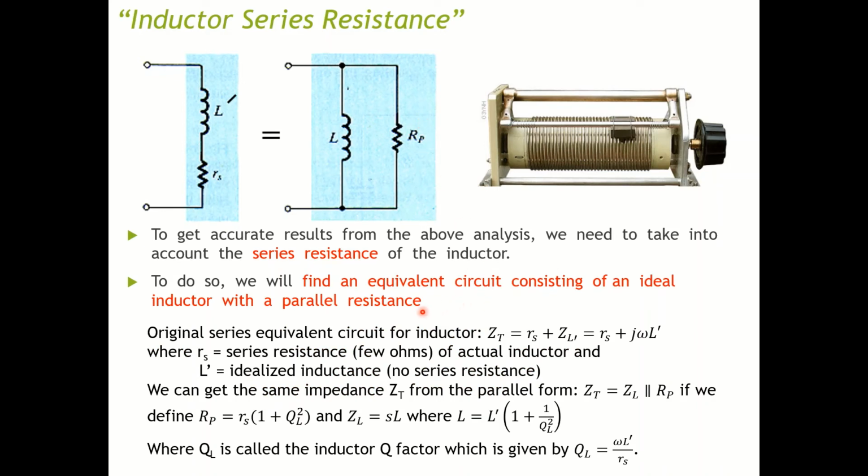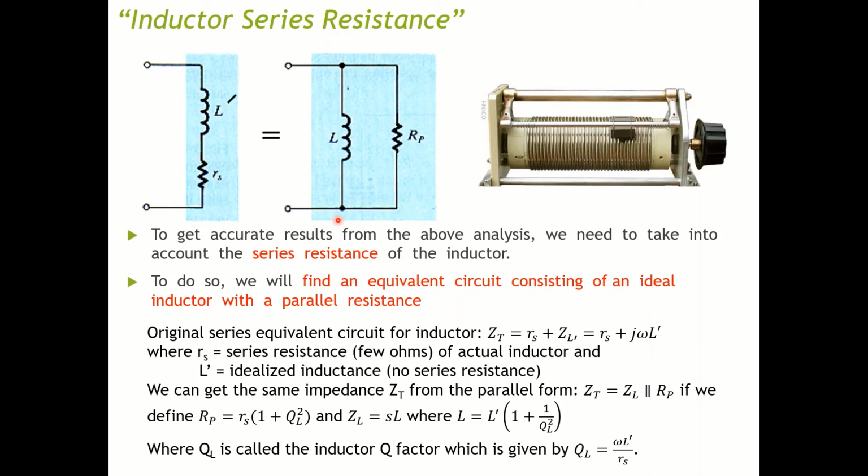So here's the math for it. If I call Zt the effective impedance of this block here, for a series circuit it will consist of the impedance Rs, which is the series resistance, plus the impedance of L prime.